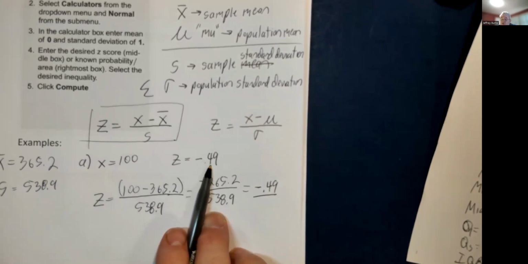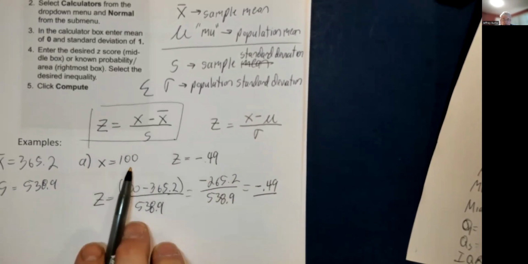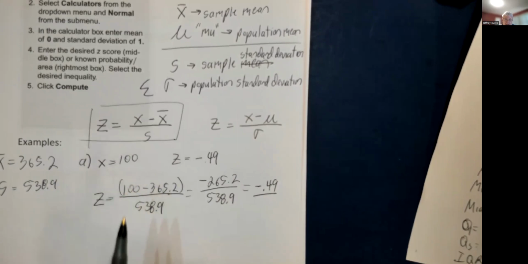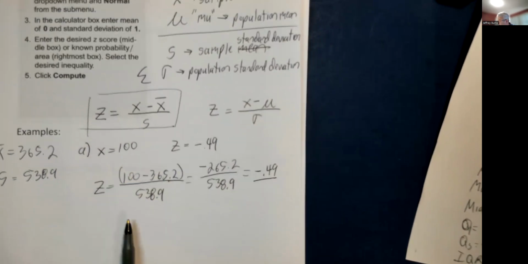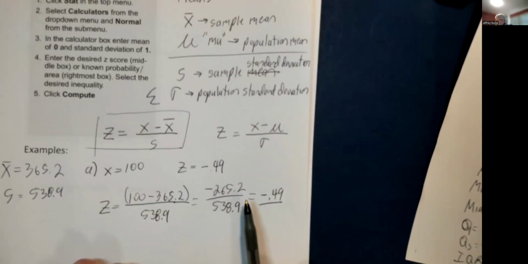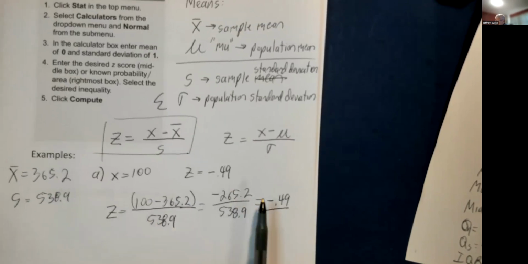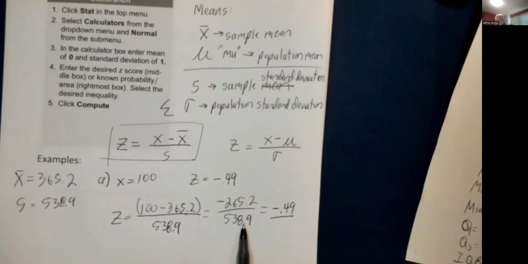Now 0.49 is close to 1/2. So this would represent saying that the value of 100 is about half a standard deviation from the mean. That's what we're looking at there. Because if the standard deviation is 538, and we're looking at negative 265, that's just about half of this. So it's just half a standard deviation below the mean.